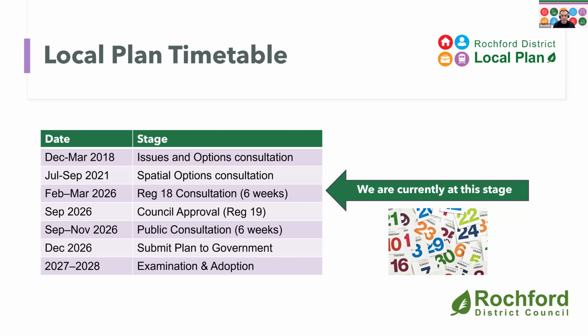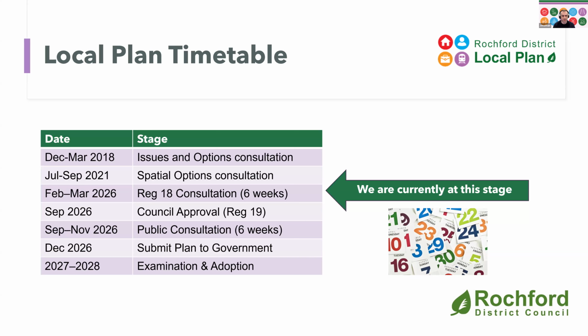The current stage where we are at the moment, and obviously the purpose of today, is the draft local plan Regulation 18 consultation, which runs until the 24th of March. We've been through a process of various meetings and approvals, and then the consultation has been undertaken.